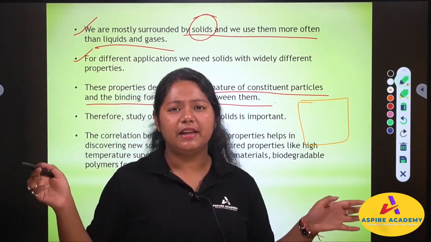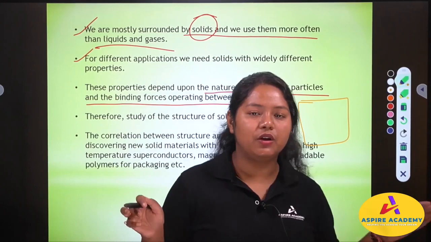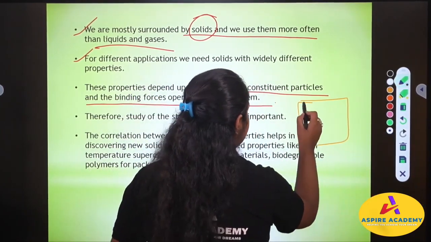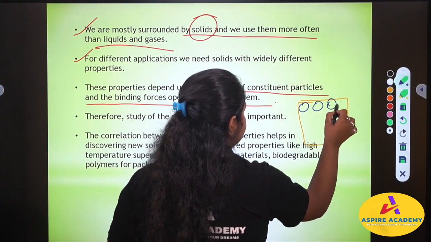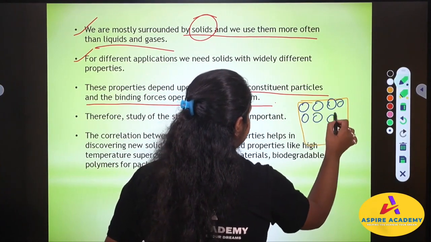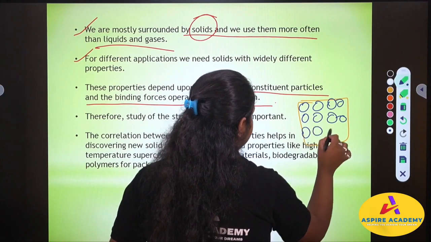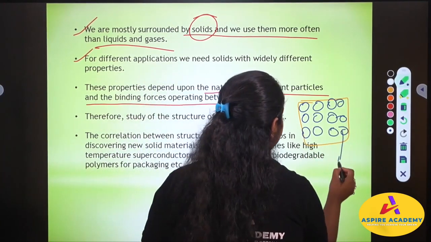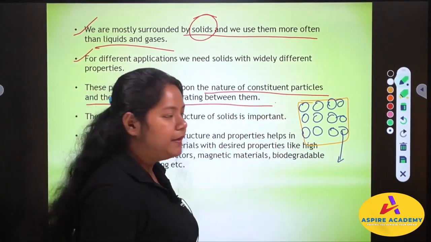Anything that has mass and volume and occupies space is matter. You must be knowing that this matter has particles inside it, and these particles are in random motion. These are the small particles that make up the matter.